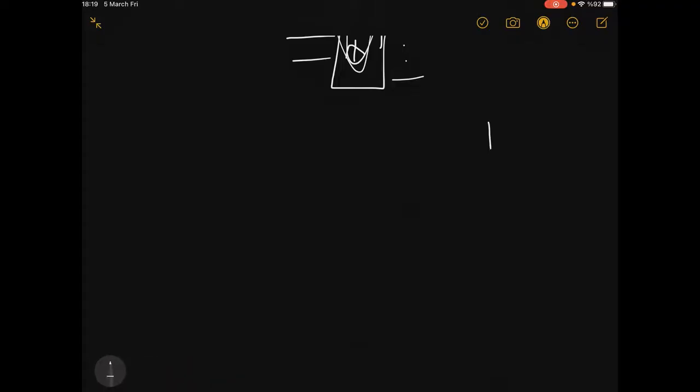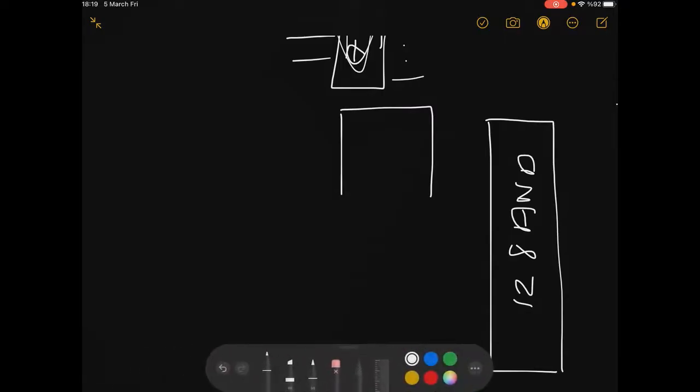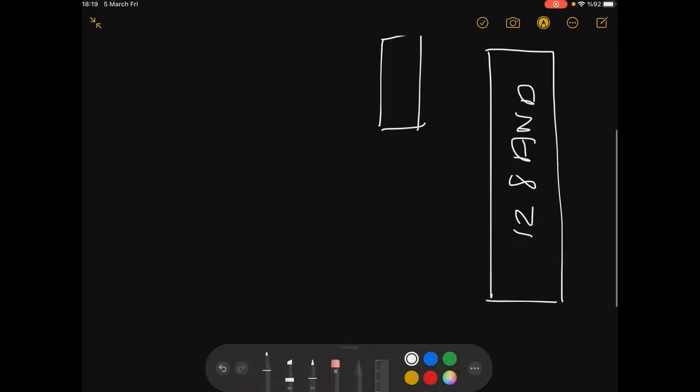We will have a level of output AND gates where you will have your 128 AND gates here, and they will be split like this: you will have 16 AND gates here and 8 AND gates here.